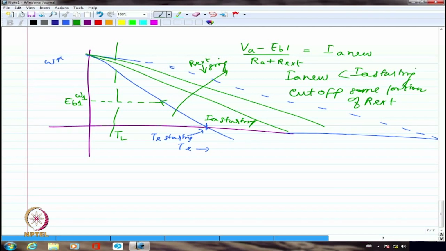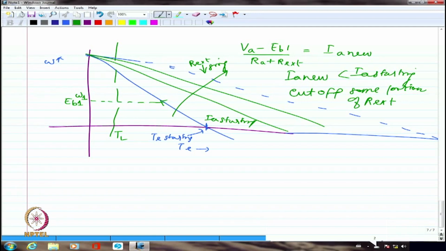You start off with a very large resistance and allow the motor to accelerate. As it accelerates, you cut off the resistance slowly, but you cannot cut off the resistance really fast because it takes some time for the mechanical system to respond. The mechanical time constants are always larger, because of which the way in which IA increases is much faster compared to the way in which the speed increases.